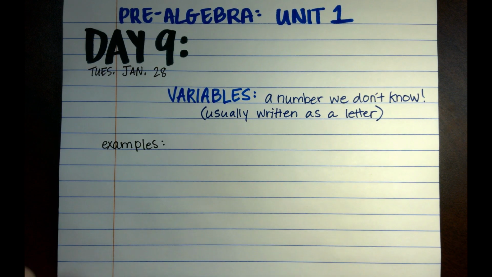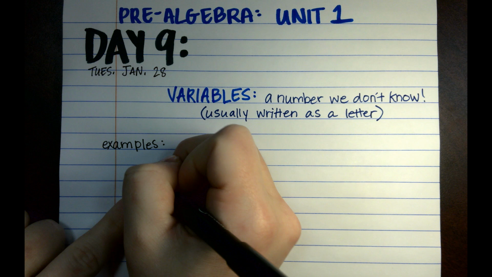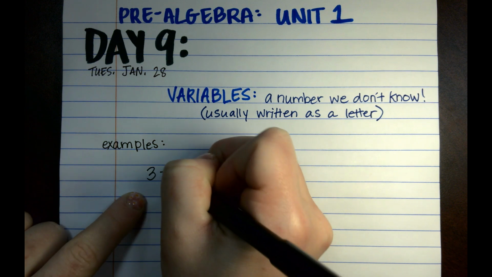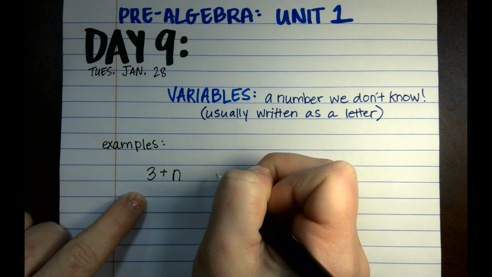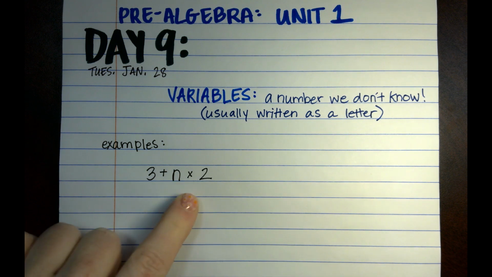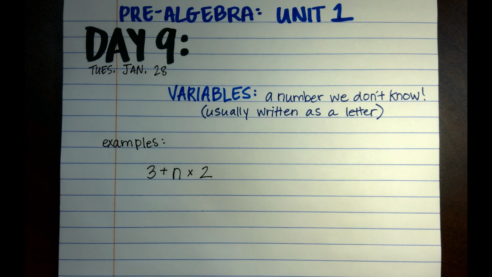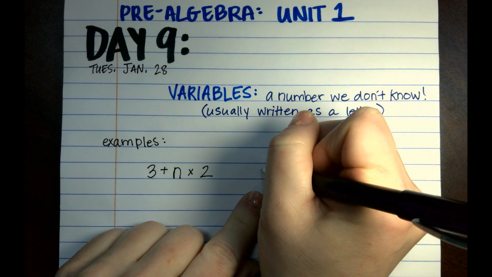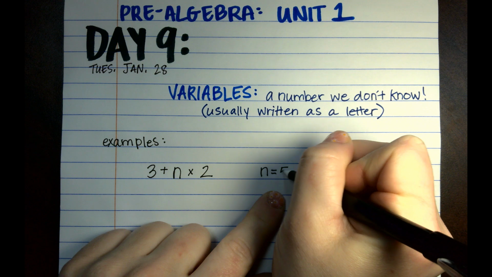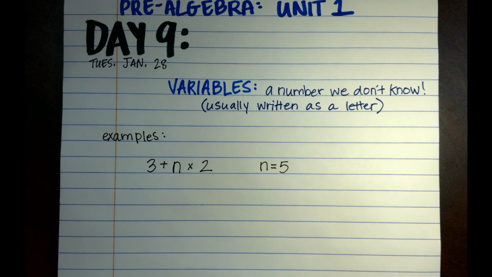So what if I gave you 3 plus n times 2, and I tell you that n is 5. N is equal to 5.